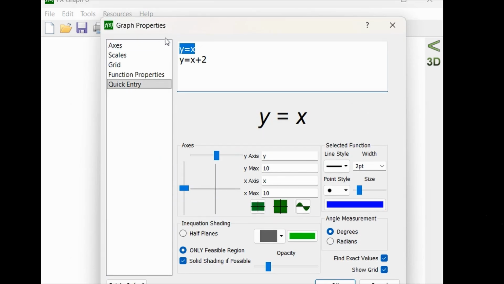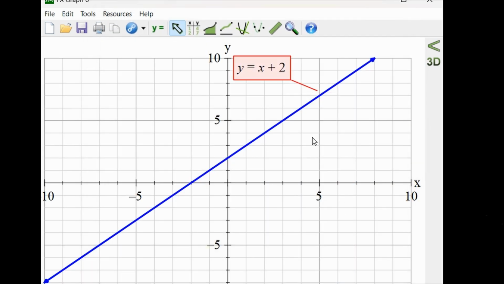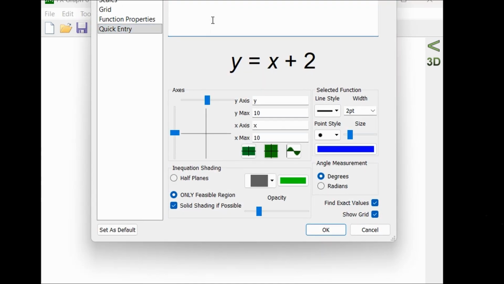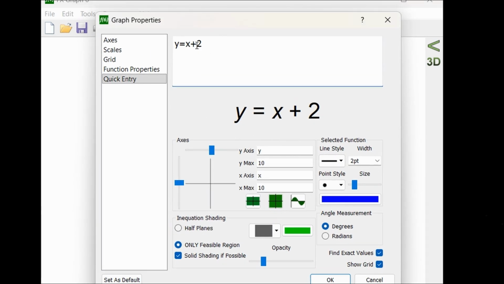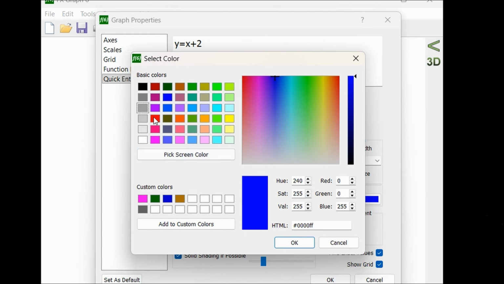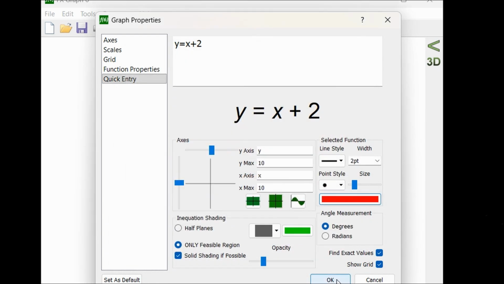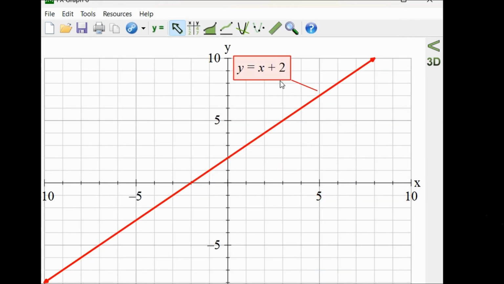We now have that. And let's make it red so it matches. There you go. Y is equal to x plus 2 is that.